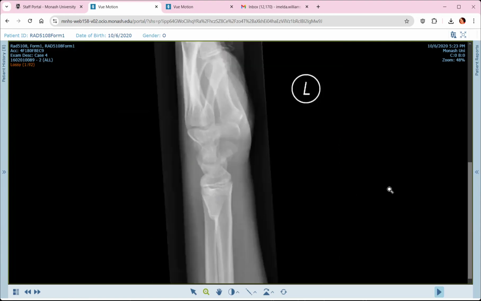But the lateral view is the one that would show you that this is a true greenstick fracture, because we can see there's a break in the cortex of the radius while the opposite side is maintained. So there's an incomplete transverse fracture to the distal radius. There's no displacement, and it's in keeping with the distal radius greenstick fracture.